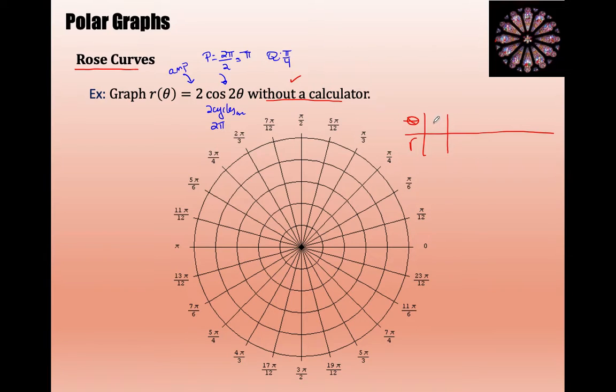So I'm going to start at 0 and plug 0 in here, and I'm going to get 2, right? Because cosine of 0 is 1, and 2 times 1 is 2. Then I'm going to add my quarters. 1 pi over 4, 2 pi over 4, and yes, I know that's pi over 2, 3 pi over 4, 5 pi over 4, 6 pi over 4, 7 pi over 4, and 8 pi over 4.